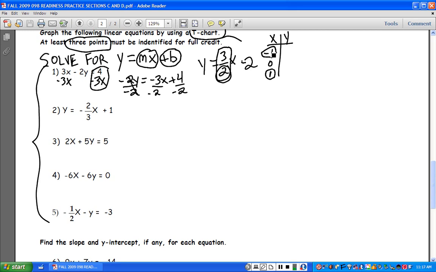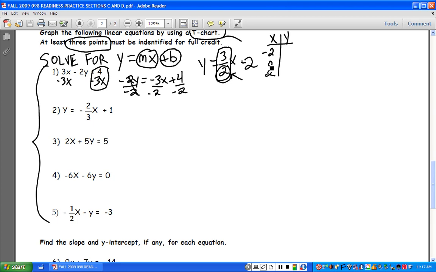So instead of using a negative 1 and a positive 1, I'm going to want to use a negative 2 and a positive 2, again because my slope is a fraction and the denominator of that fraction is a 2. So that's why I'm using a negative 2 and a positive 2.